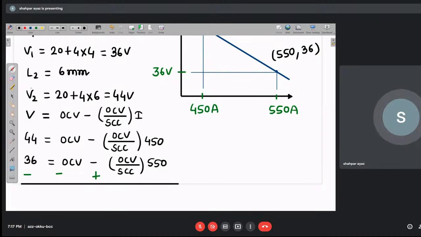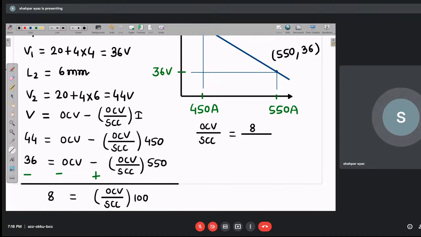So 44 minus 36, what we can say, it is 8, right? 8 is equal to OCV by SCC into 100. So you have OCV by SCC, this value is 8 by 100.